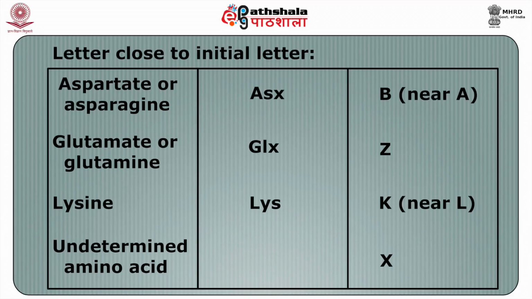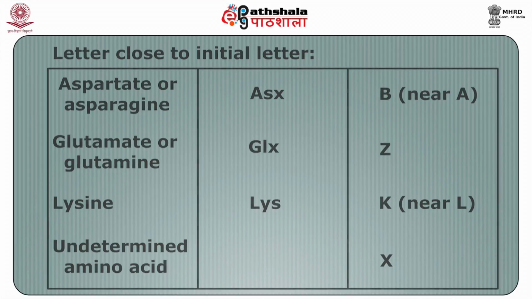Letter close to initial letter: for the remaining amino acids, a 1-letter symbol is used that is as close in the alphabet as possible to the initial of that amino acid. Further, B is assigned to asx, signifying either aspartic acid or asparagine. Z is assigned to glx, signifying either glutamic acid or glutamine, and X is assigned to an unidentified amino acid.